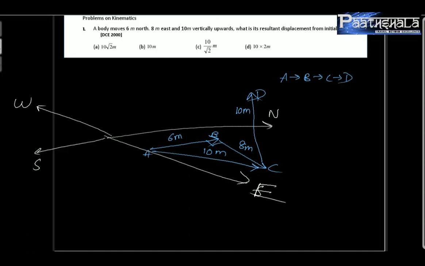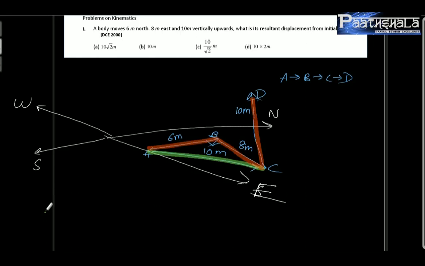Smaller line, different color. So this green thing that I have highlighted, the magnitude of the green thing is 10 meters. And the path that the body takes is actually shown in red. This is the path that the body takes.